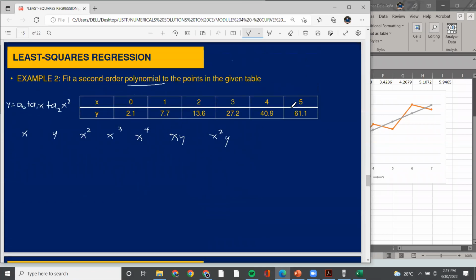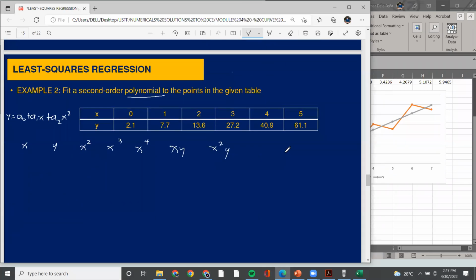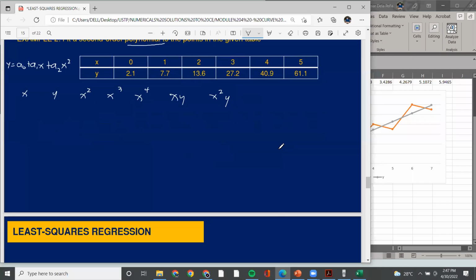Now, so first we have the x is 0, 0, 1, 2, 3, 4, and 5. Y is 2.1, 7.7, 13.6, 27.2, 40.9, and 61.1.